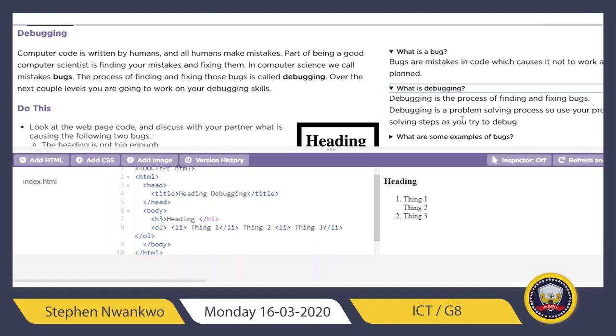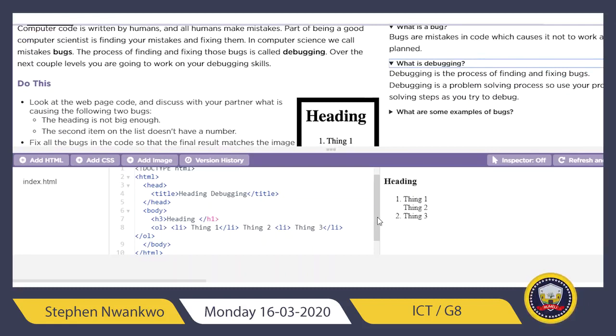And debugging is a problem-solving process that involves what? Many steps. So in this lesson, we are going to debug web pages. I will show you examples of bugs that we have in a web page and how we are able to do what? Debug it.